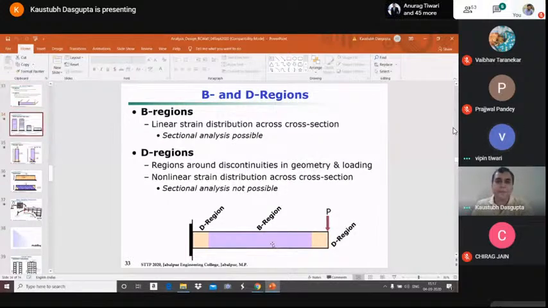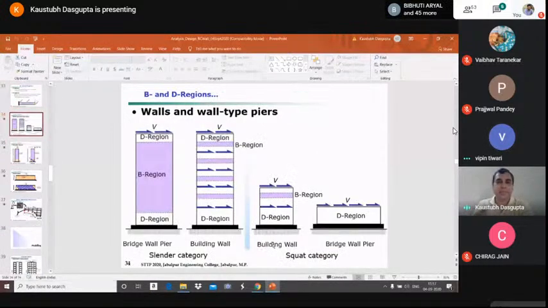So this is for a general beam, where you have the flexure deformation. Then if you map it into the wall, because you just make a cantilever beam, rotate it horizontal, it becomes a slender wall. So here also, if you have the length of the wall as say L or LW, the extent of the D region from the bottom support of the wall will again be approximately LW, the length of the wall.